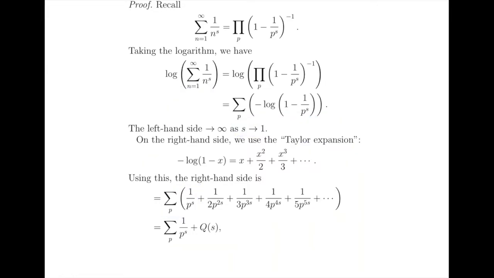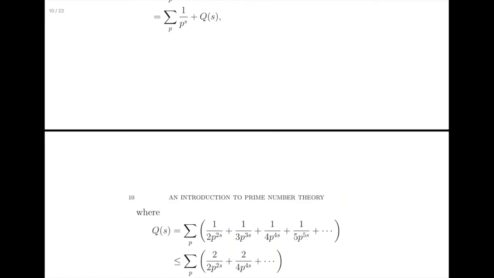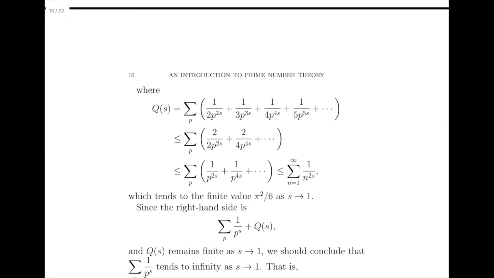Now we find that this remaining part, call it q of s, consists of the terms with p to the square, p to the cubic power, p to the fourth power, etc. These two terms are estimated by 2 over p to the 2s.